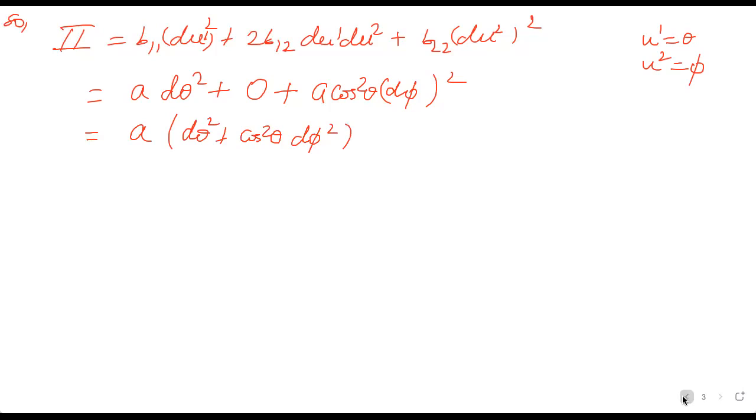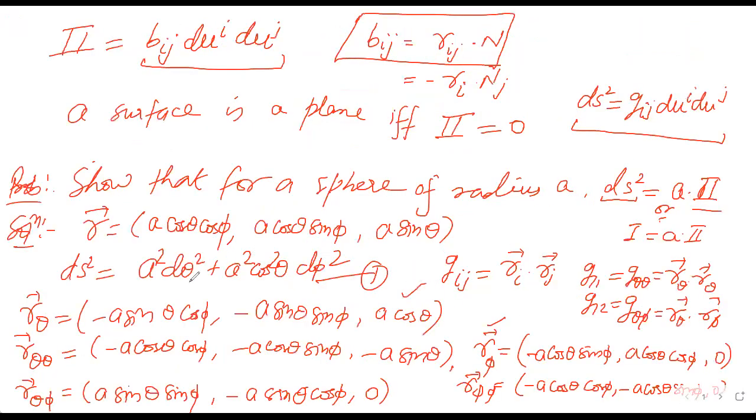And what was this? From the first fundamental form, it was a square d theta square plus a square cos square theta d phi square. What relation came? ds square is how much? a times of this.